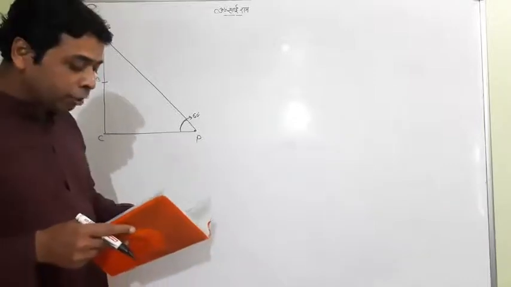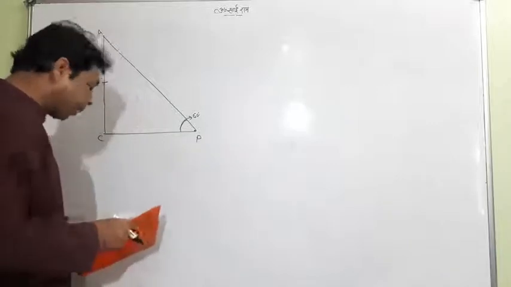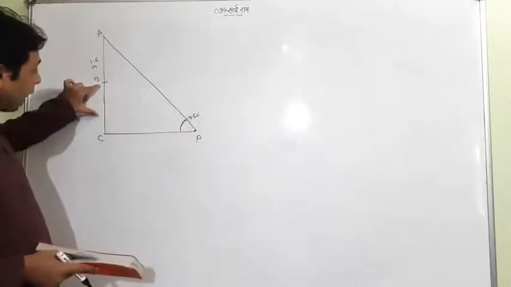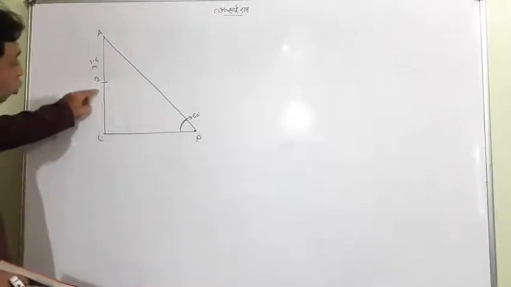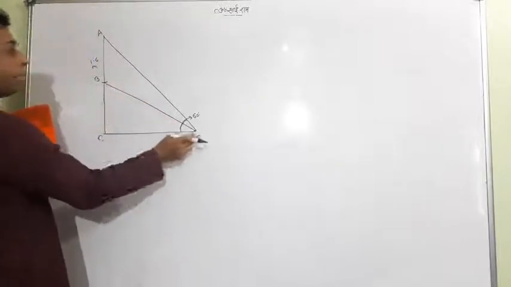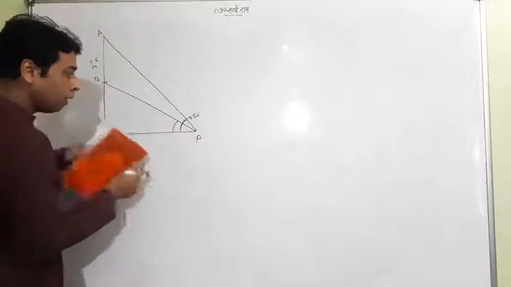And again the question says from the same point the angle of elevation of the top of the pedestal is 45. BC was the pedestal, so the top is B. The angle of the top of the pedestal from the same point is 45.